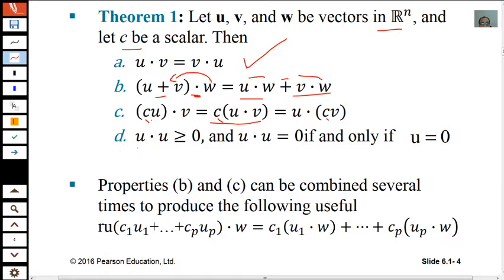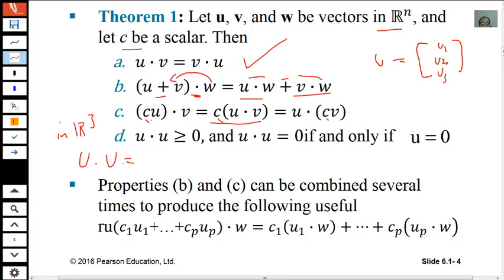And of course, always u dot product u is bigger than or equal to 0, because if we apply the definition of u dot product u in R cube, for example, u has the components u1, u2, u3.